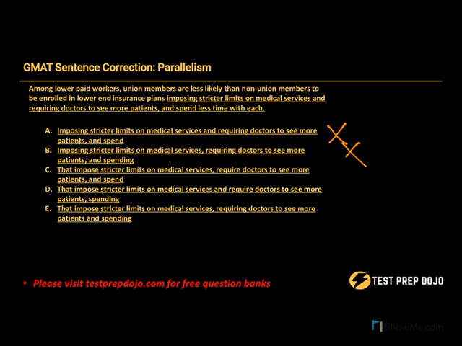Now, if we go to the second decision point, and we can see where parallelism comes into play, we have to identify what two elements, or what three elements, are being put in parallel, and which are not, because that will be crucial to understanding which one we select.